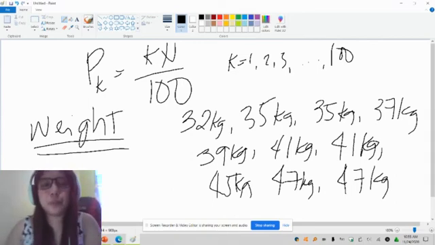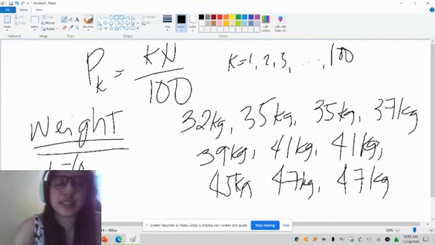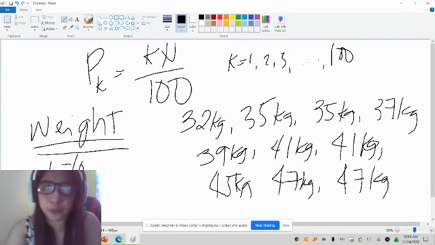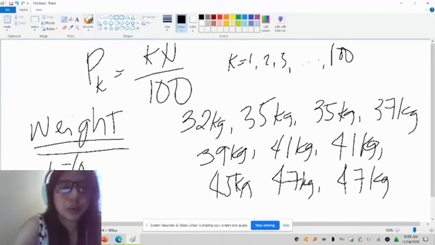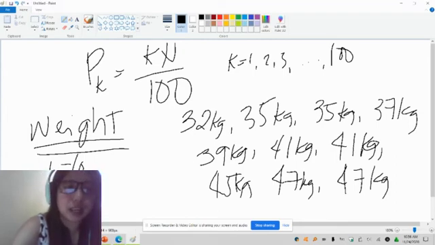If we compute for K equal to 10, this is the 10%. It's like we are also computing for D sub 1, which is also the 10% of the distribution. Because we have 10 data here, 10% refers to the first data.